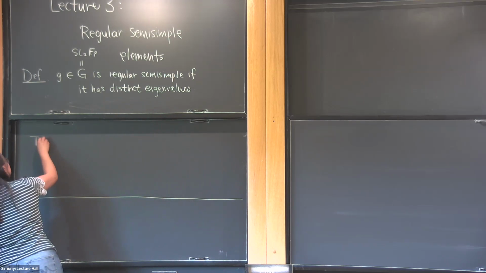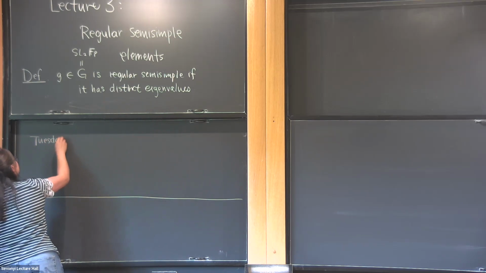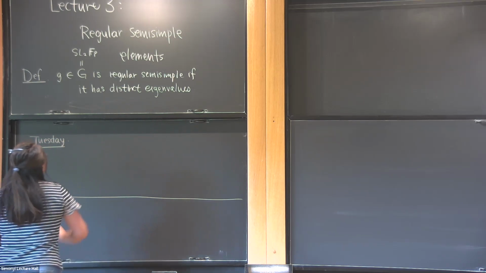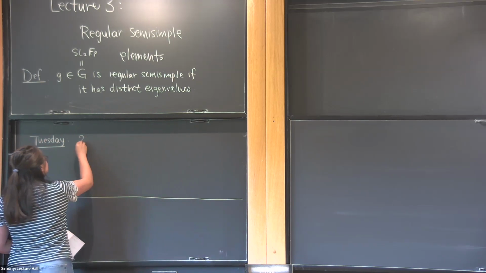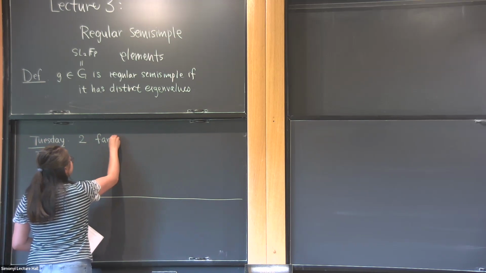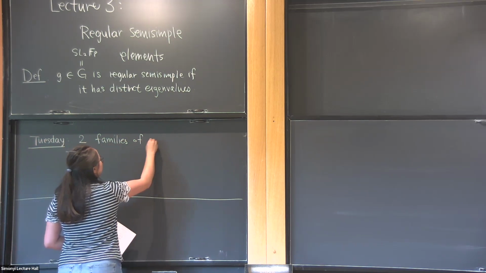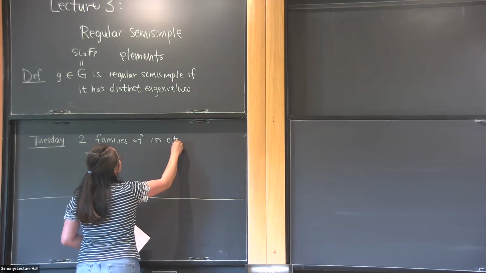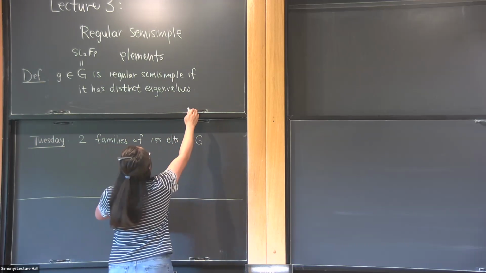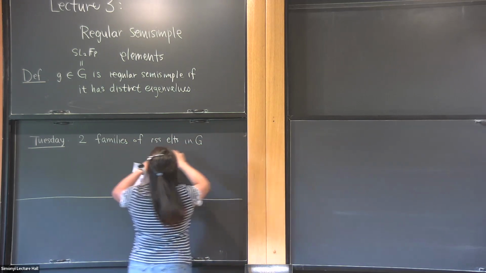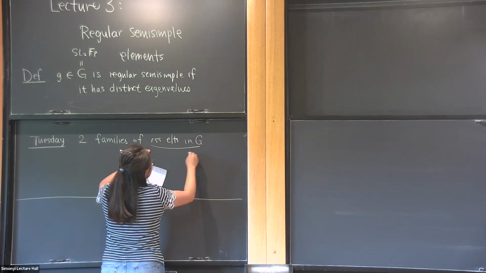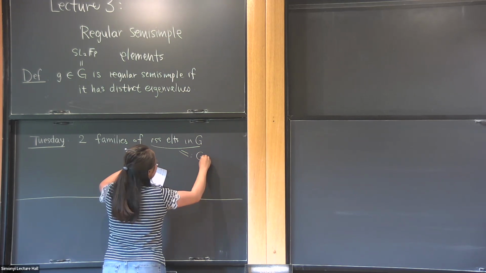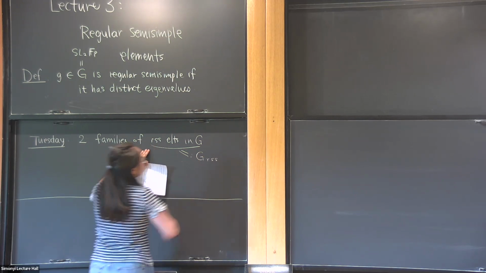Let me just recall that on Tuesday, we saw that if g has distinct eigenvalues, then there are two families of such elements. Another thing is, I'll call this set of regular semisimple elements inside G, G^RSS.